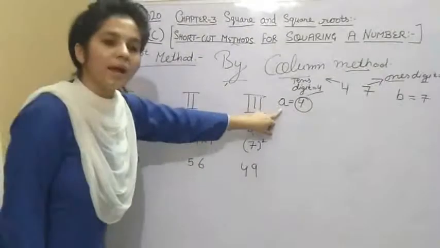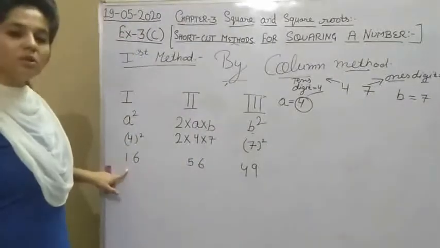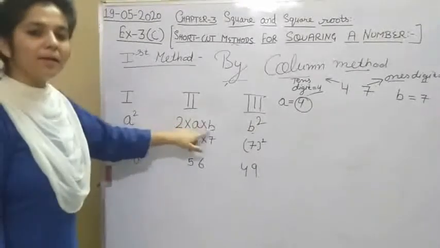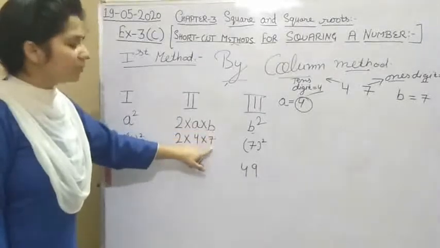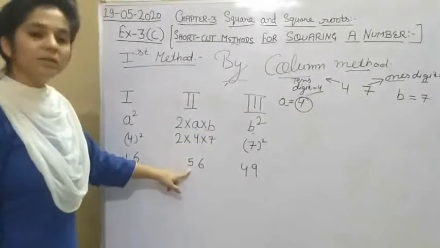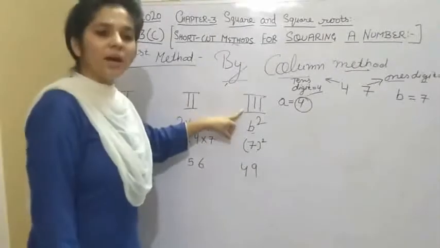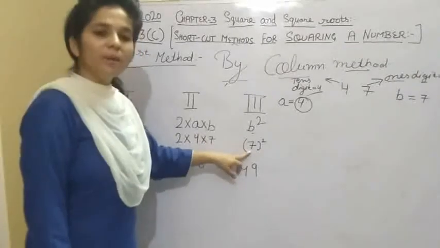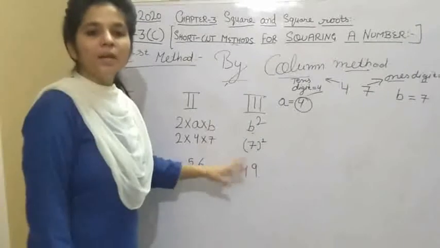As we know that the value of a is 4, then 4 square is equal to 16. 2 multiply a multiply b, value of a is 4 and value of b is 7, that is equal to 56. And the third column is b square, value of b is 7, 7 square is equal to 49.